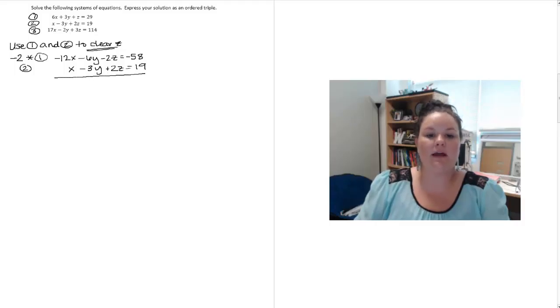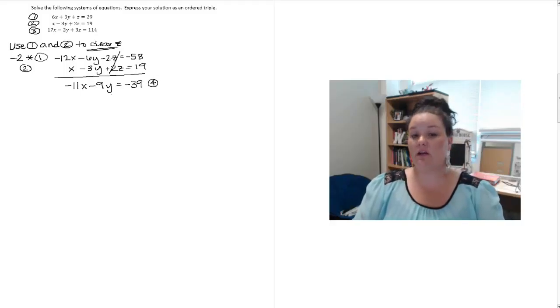And now I can draw my line and add my 2 equations together. So my z's are going to cancel, and I'll be left with -11x minus 9y is equal to -39. So this is going to be my 4th equation.